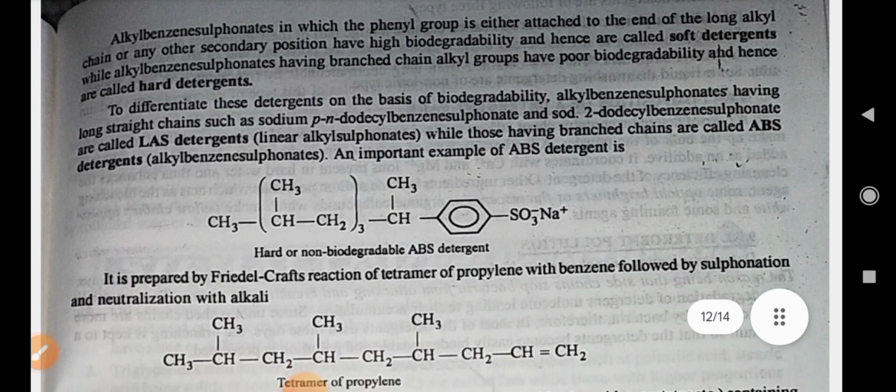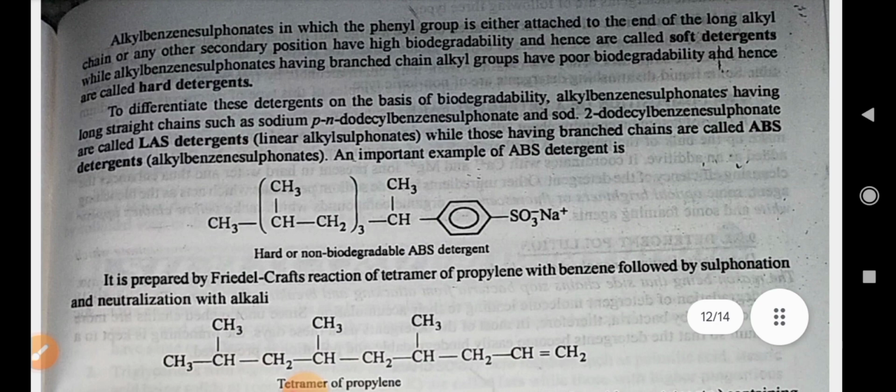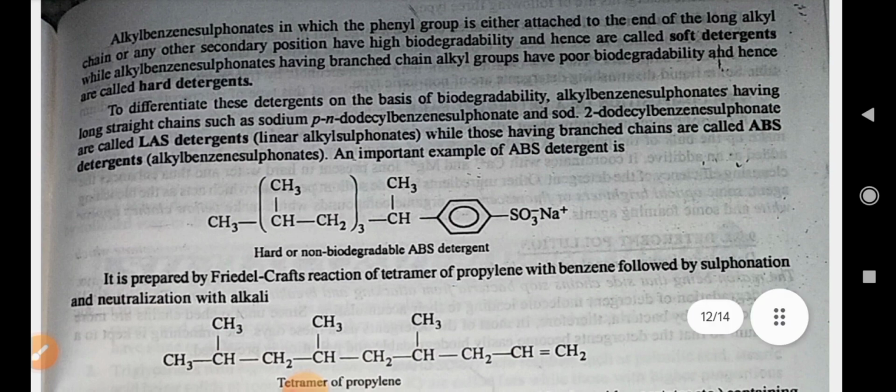Alkyl benzene sulfonates in which the phenyl group is either attached to the end of the long alkyl chain or any other secondary position have high biodegradability and hence are called soft detergents, while alkyl benzene sulfonates having branched chain alkyl groups have poor biodegradability and hence are called hard detergents.